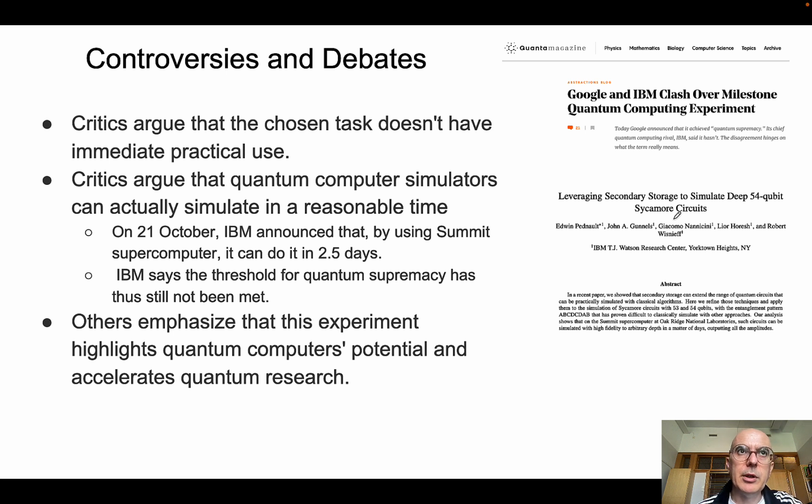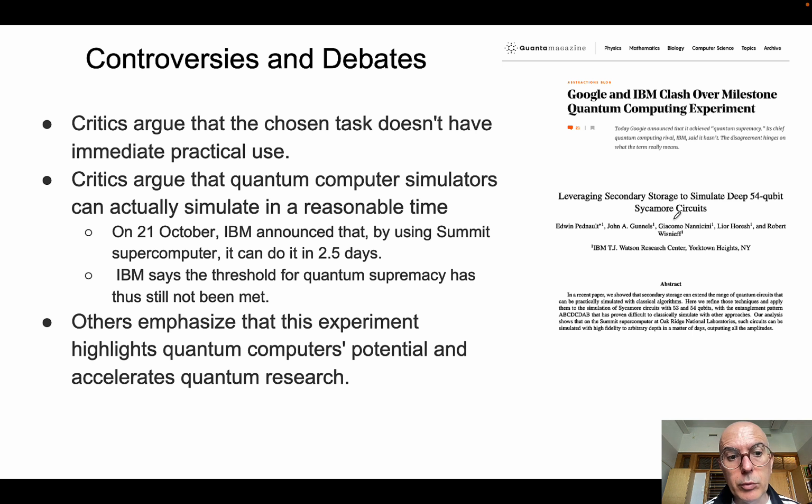It's not used for solving any scientific application. In addition, there was a major critique, especially from researchers at IBM, that a classical supercomputer can actually simulate in a reasonable time the random quantum circuit using 53 qubits.